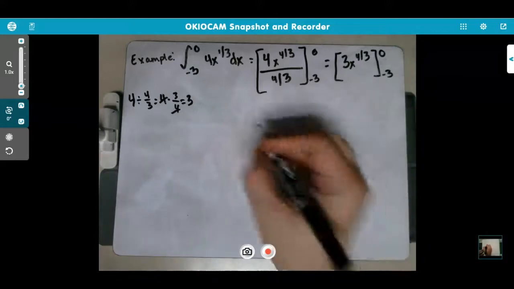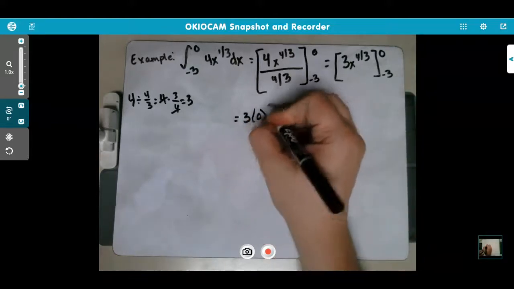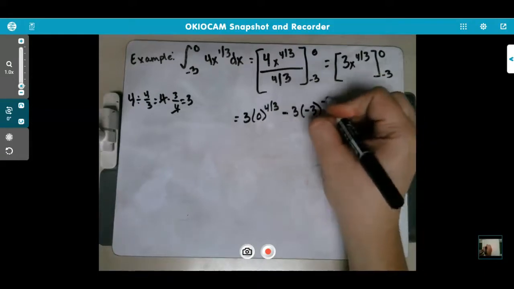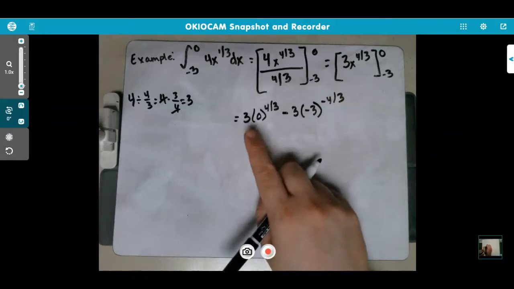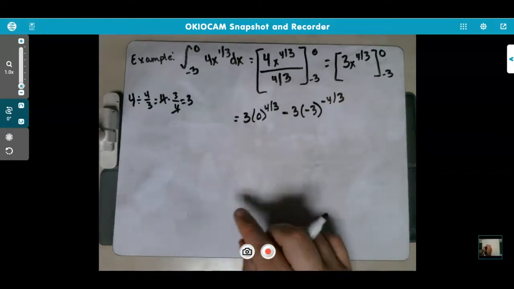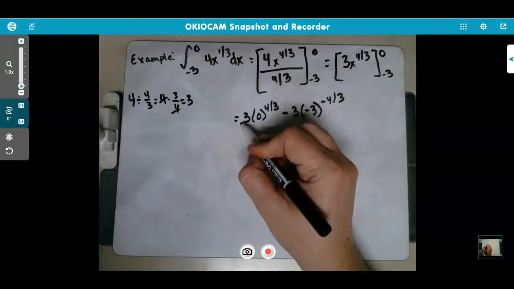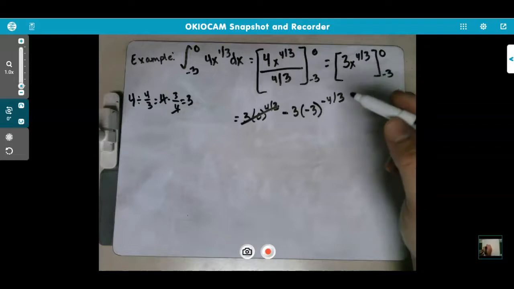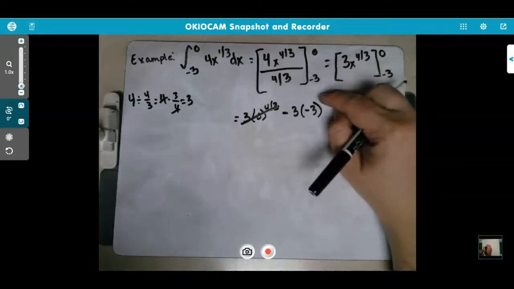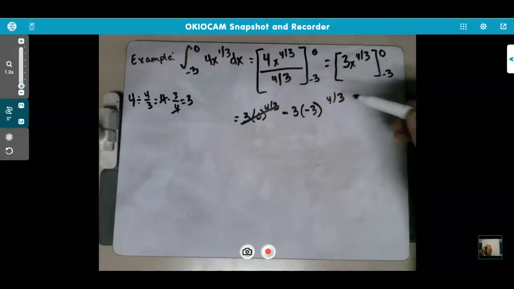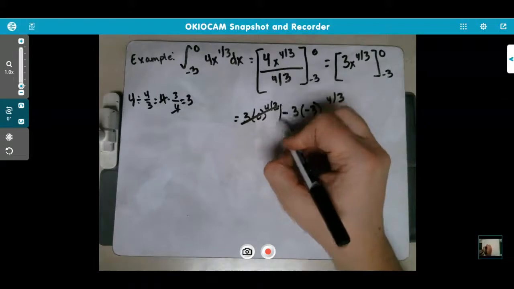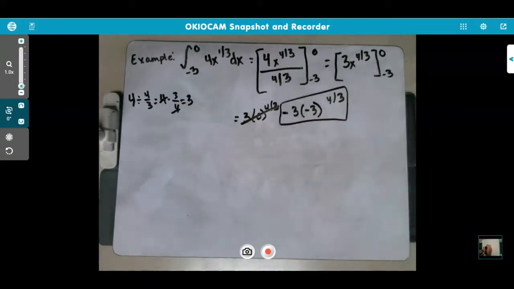Plug in my top bound first, plug in a 0, minus, plug in a -3. 0 to the 4/3 is equal to 0, so then this whole term is just gone, which leaves me with -3 times -3 to the 4/3. Since there's really no other way to simplify that, you can just leave that, and that's fine.